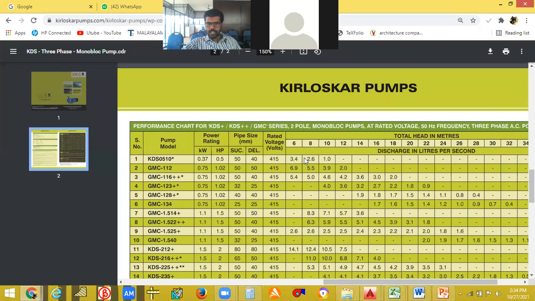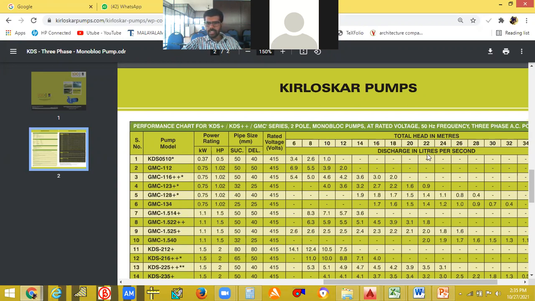And this is the discharge, liter per second. Okay, so if you want to choose this 0.5 HP, if your building is a two-story or a single-story building, you can give this pump, and its head is 10 meter, and 1 liter per second is the discharge.